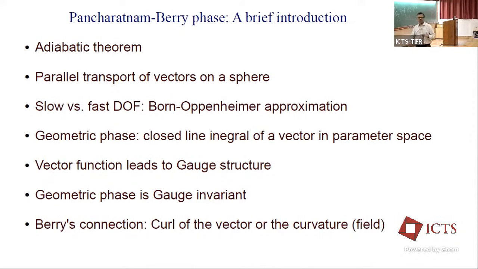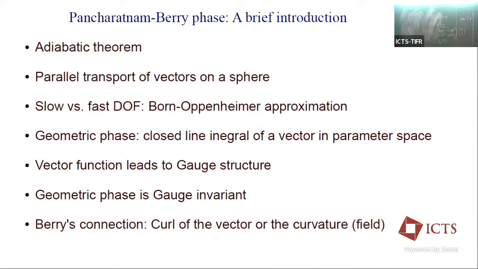If you change the polarization state of light slowly, then you get the Pancharatnam phase. Then Berry generalized it for quantum systems, and then you get the Berry-Pancharatnam phase. So this Berry phase is not a dynamical phase, because the dynamical phase depends on integrations of dynamical variables over time, but this is in parameter space.